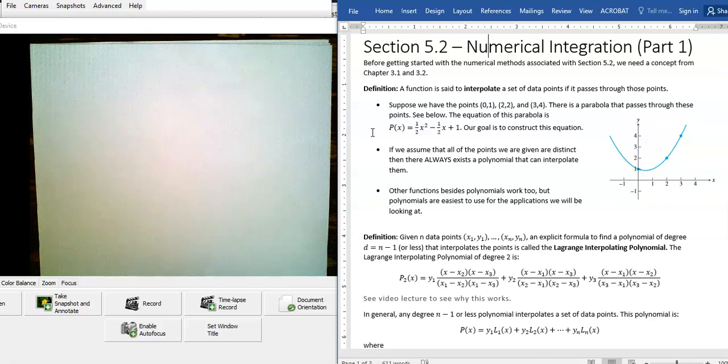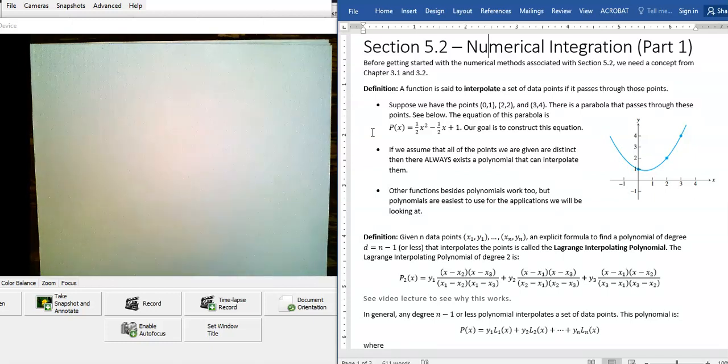Just note one big thing: for any data points that we have, there will always be some polynomial that can interpolate them, as long as the points are distinct. Other functions could also be used instead of polynomials.